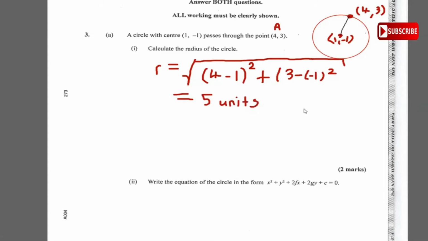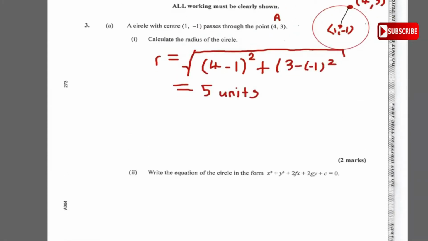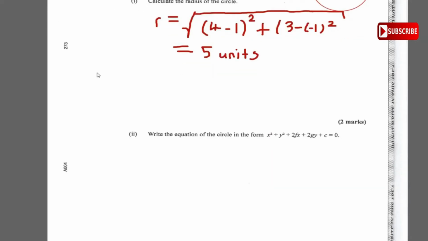Now it goes further to say, write the equation of the circle in the general form. All right, not in the standard form, but in the general form. To write the equation of the circle in the general form, we can start by writing it in standard form first, because we know that the circle is (x minus a) squared, where a is the x coordinate at the center.